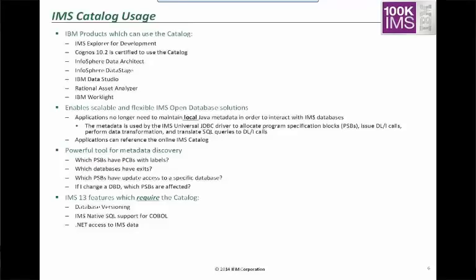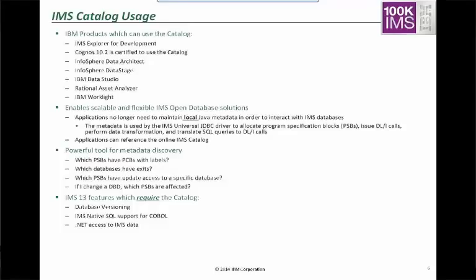Any Java programs that use the universal JDBC drivers to access IMS databases need metadata information. Prior to the catalog, you had to generate those metadata class files. Now you don't have to do that because universal JDBC drivers can take advantage of that information that's in the IMS catalog.